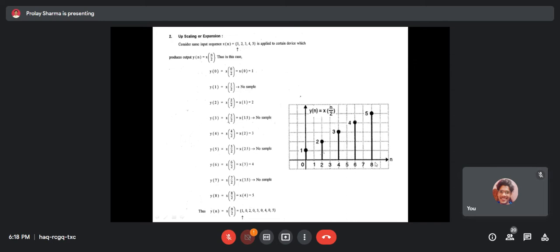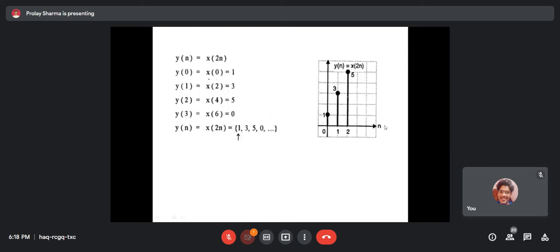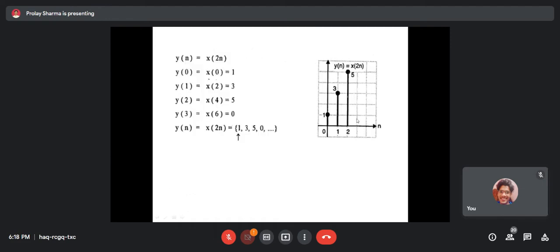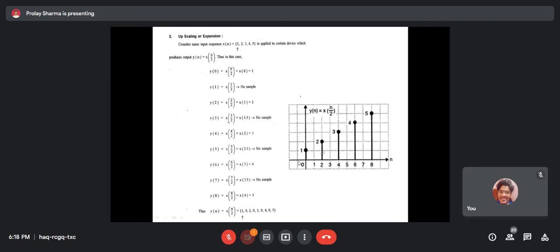In the previous case the time scale got reduced. The time scale is 0, 1, 2, 3, 4, so the length is 5. Here in the time axis it gets squeezed, but here in the time axis the signal gets expanded.